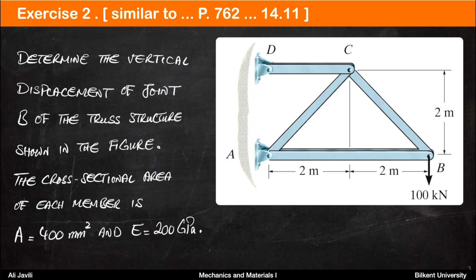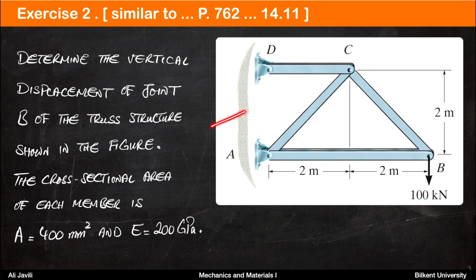Exercise 2 of this lecture is similar to problem 14-11 on page 762 of the book. Determine the vertical displacement of joint B of the truss structure shown in the figure. The cross-sectional area of each member is 400 millimeters squared, and Young's modulus is 200 gigapascal.